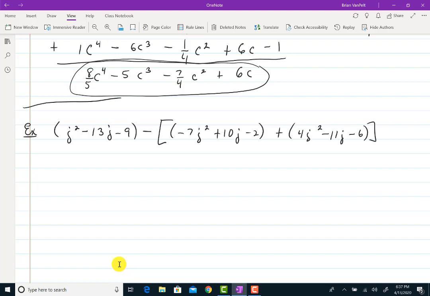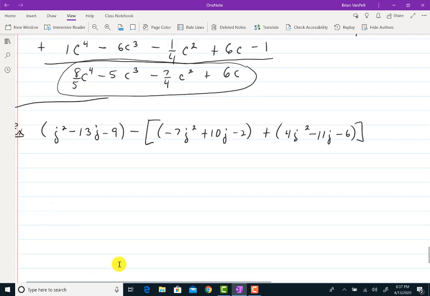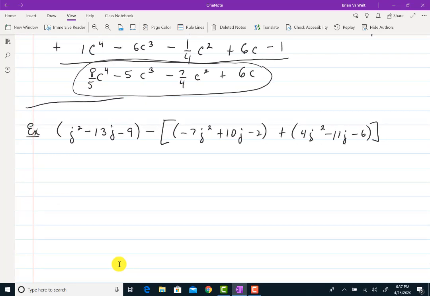So each time I plan to show you a little bit more than what I did before. And the idea is to give you some efficiency.